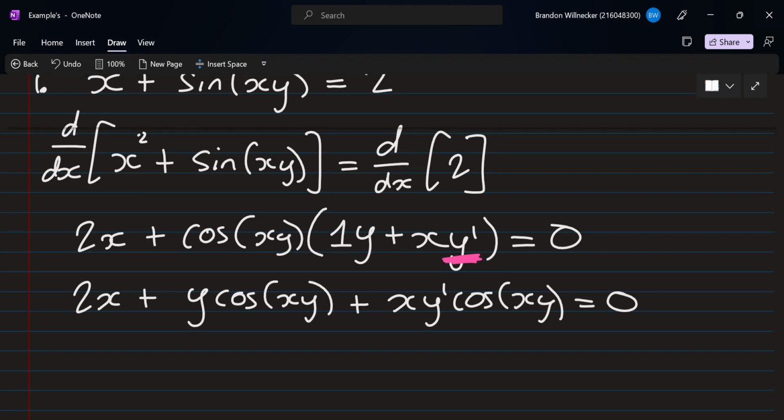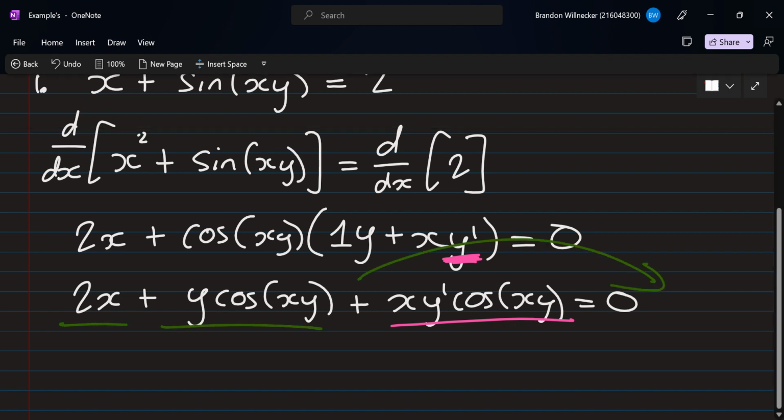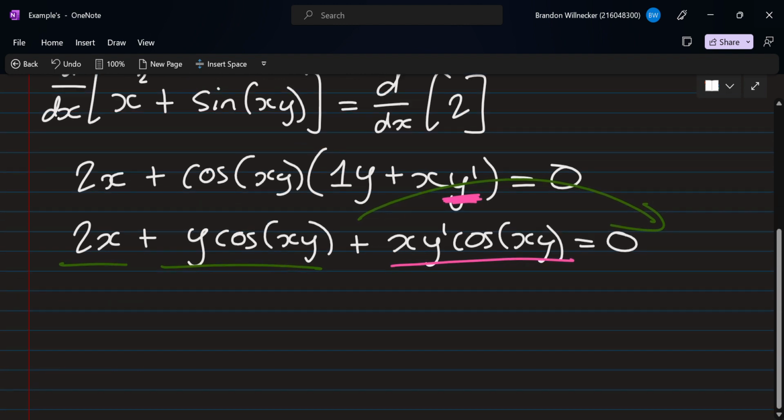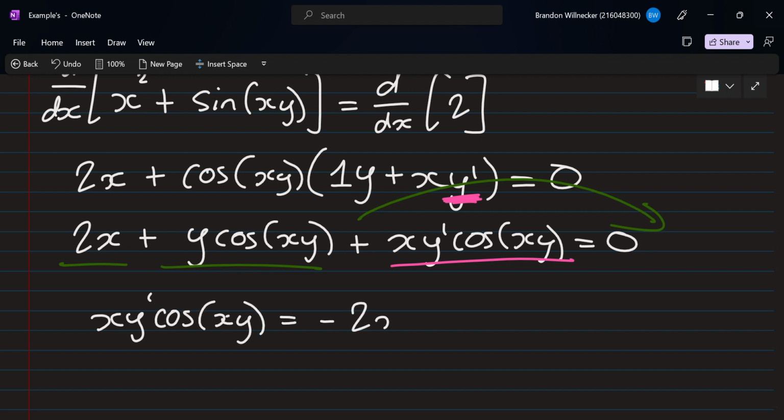Now, all the terms with y prime, we want to keep those on one side because we want to solve for y prime. And everything else, we can just take over to the other side. So xy prime cos xy is equal to minus 2x minus y cos xy.